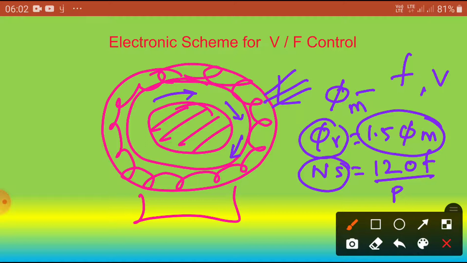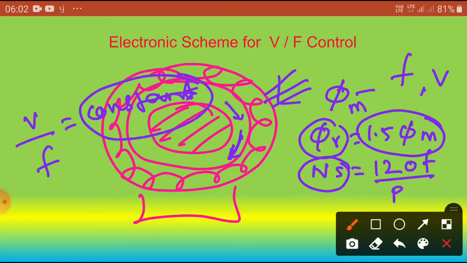So we are going to maintain the ratio of V by F. That means voltage by frequency, we maintain at some constant value. Then we maintain constant flux in the air gap. Otherwise, saturation of the core material takes place, and it leads to many disadvantages.